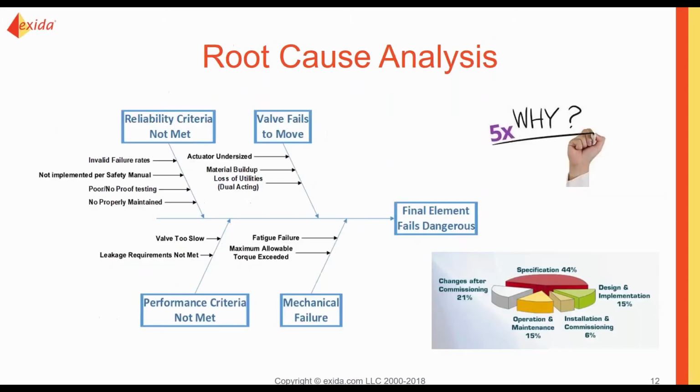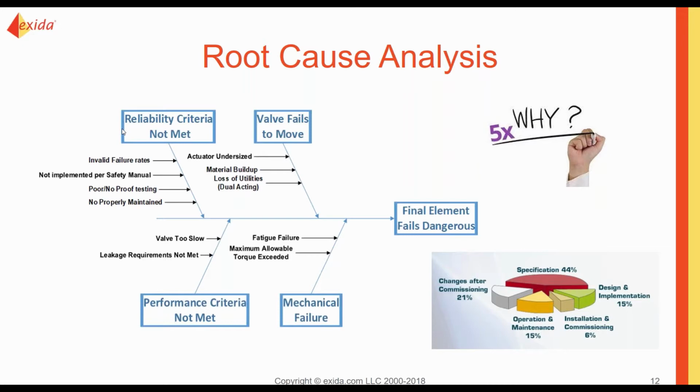If we take a step back and do a root cause analysis, now this is not an exhaustive one, but it's the beginning of one and a summary of different things we've identified. So we can have a couple major areas. The safety reliability not being met. The valve can completely fail to move at all.